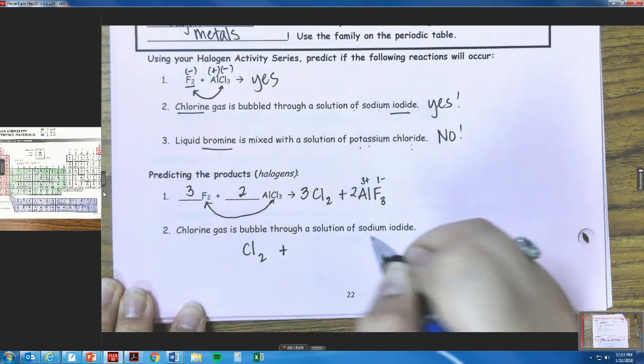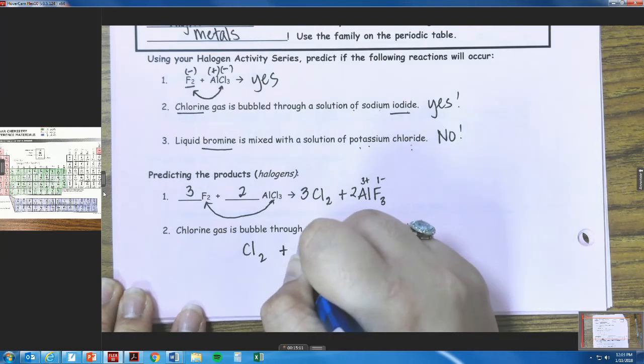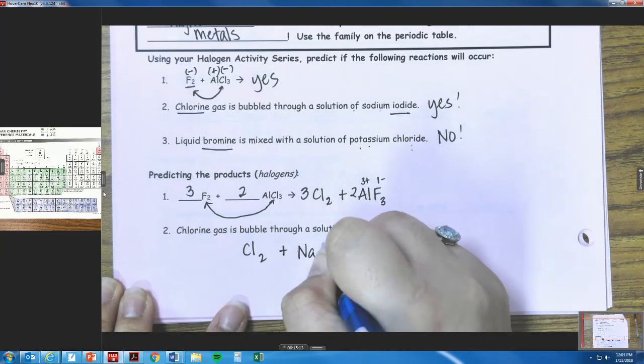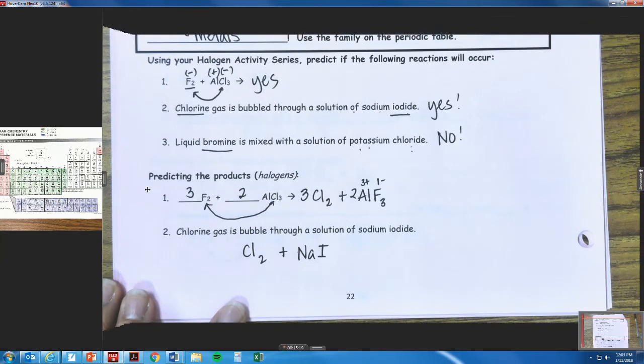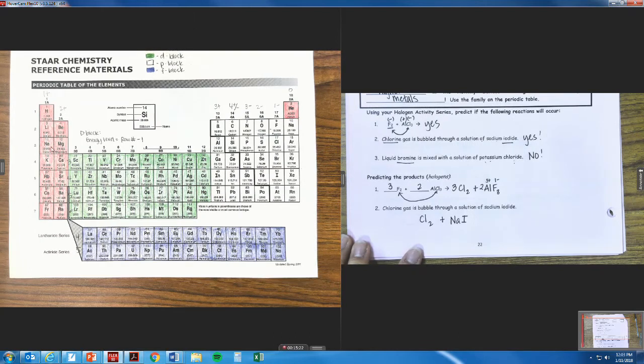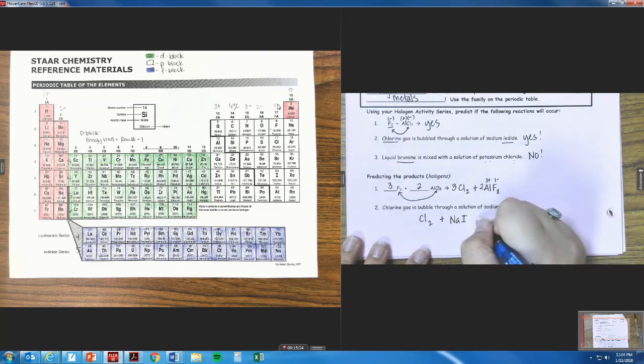So plus sodium and iodide. Sodium's charge on our periodic table, so you guys can see, sodium is right here in group 1, so it's a positive 1 charge. Iodine is in group 7A, and it's a negative 1 charge, so their subscripts are actually just 1. Okay, so we can just leave it as is.